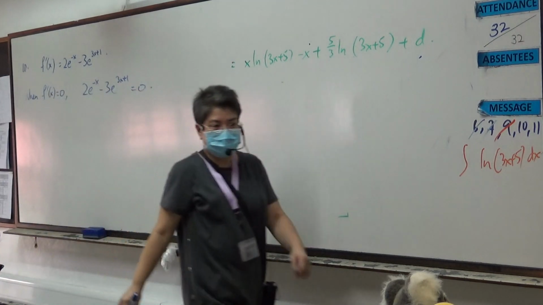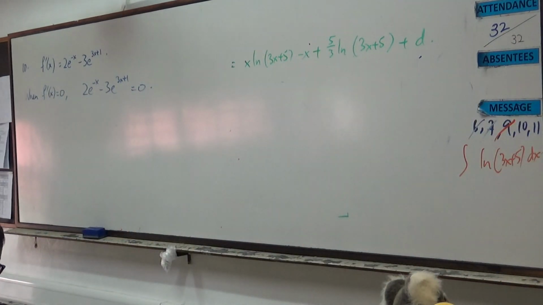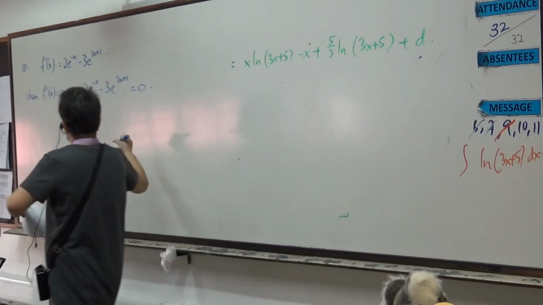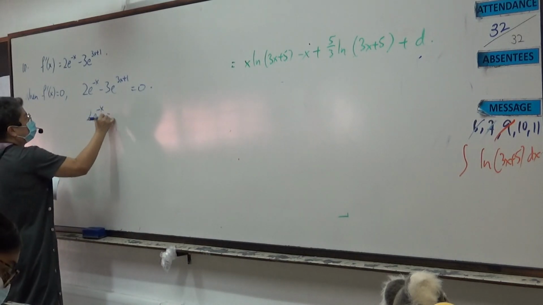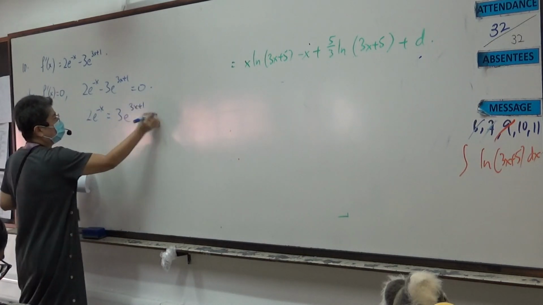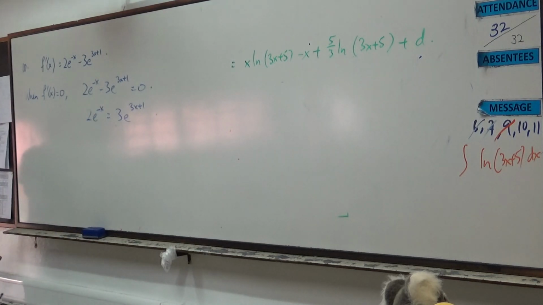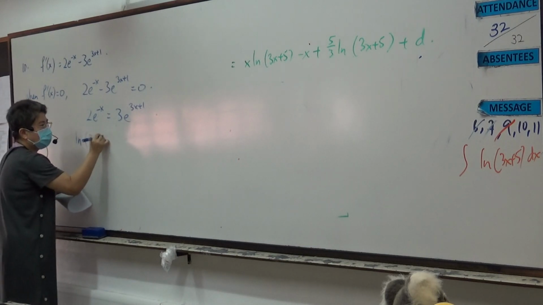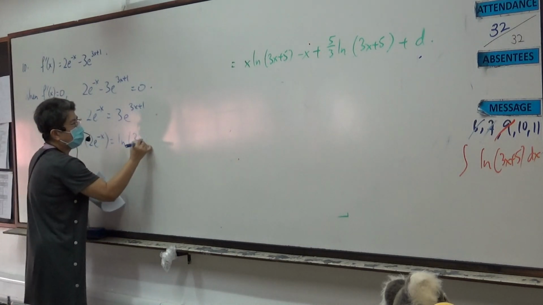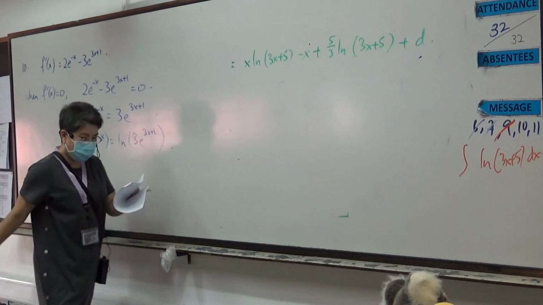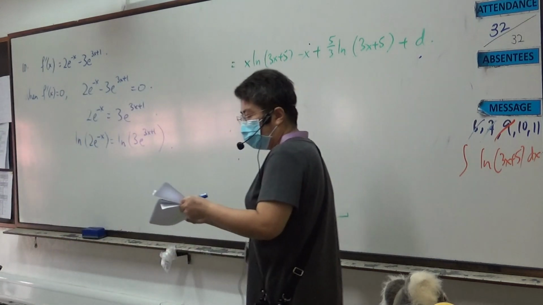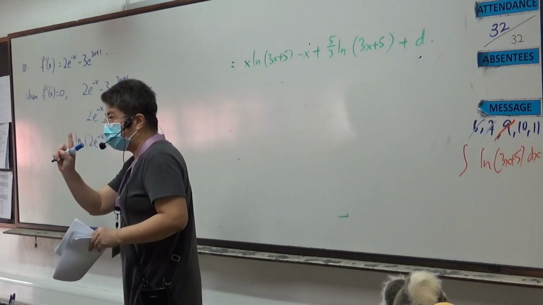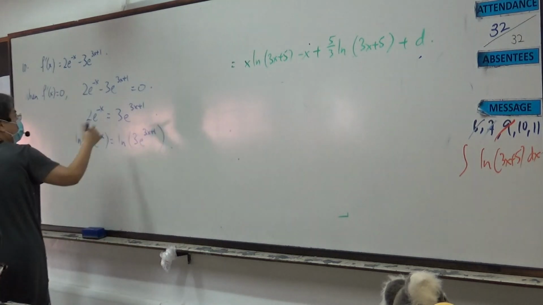Is everyone okay here? I'm going to do this. I can take ln on both sides, right? Agree, class? They said they want the exact value, no? They don't want the decimal point one.